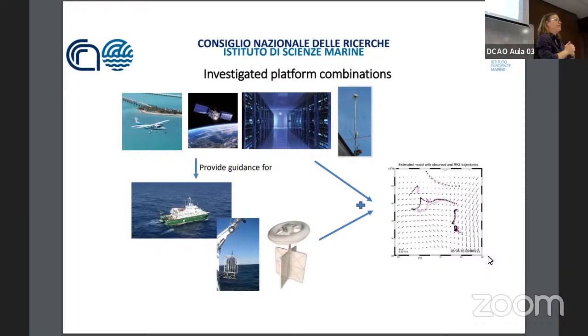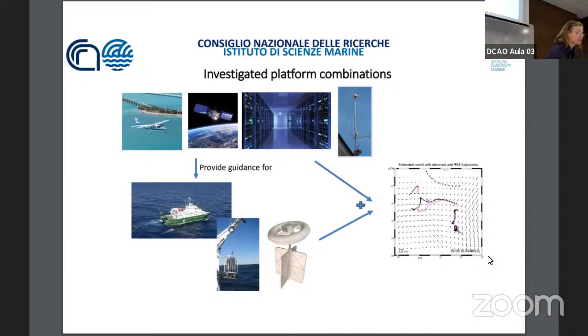Some examples of the platform combinations that we've been working on in the latest years are, as I've said, remote observation from airborne SST measurements, satellite, modeled field or HF radar field that provided guidance for in situ measurements, CTD, drifter deployments, and all other types of observation at sea. And one of the results we got, for example, was the improvement of the dispersion prediction starting from Eulerian fields.